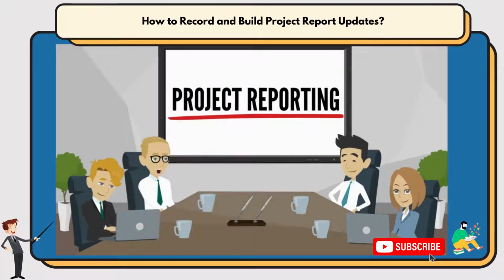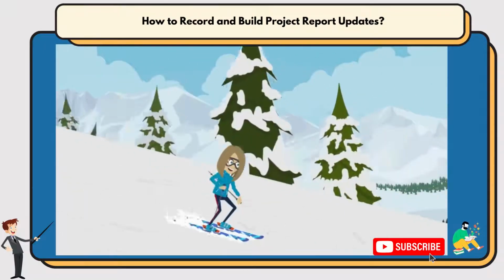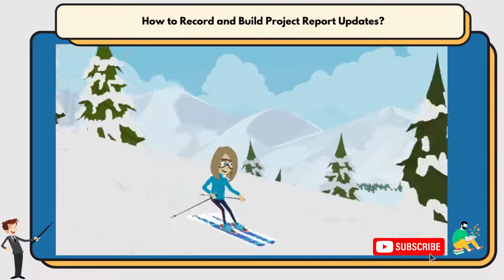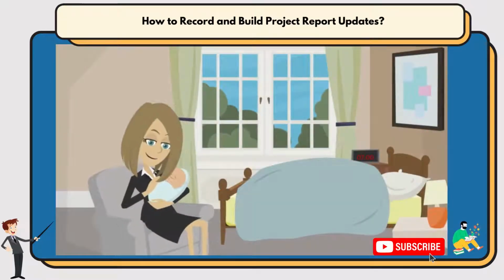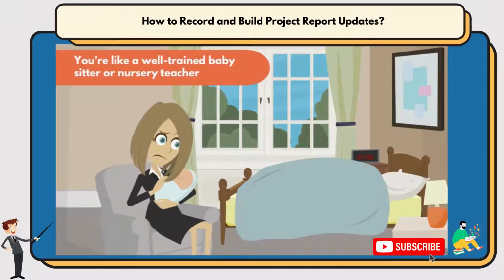Welcome back to execution. Although technically we didn't really leave. There would be no monitoring and control phase if we weren't executing simultaneously. But anyway, as we near the end of the execution phase, you may start thinking that this project is your baby. Well, in a way it is, but you're like a well-trained babysitter or nursery teacher.